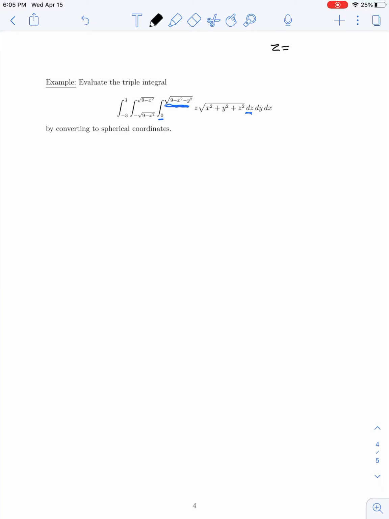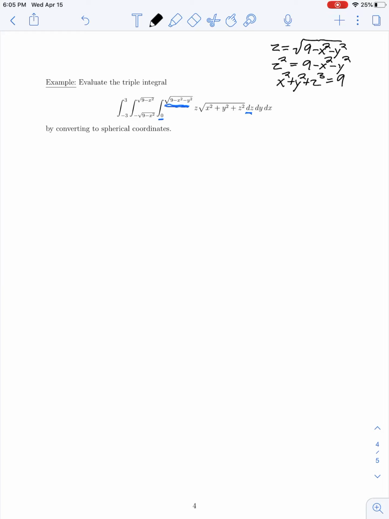We're looking at the surface defined as z equals the square root of 9 minus x squared minus y squared. So squaring both sides, we have z squared is 9 minus x squared minus y squared. So the sum of the squares would be equal to 9.